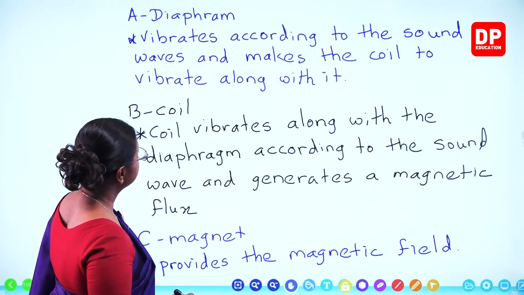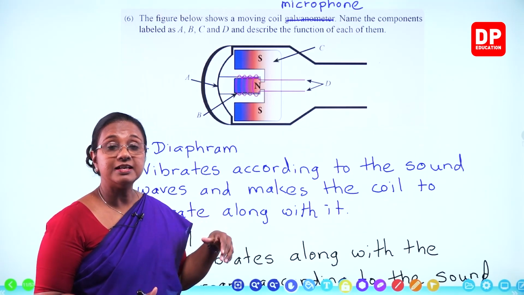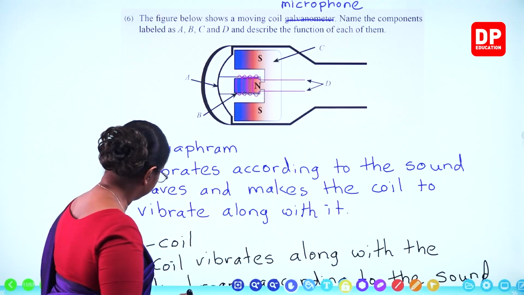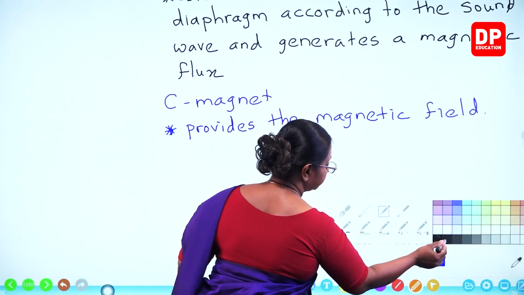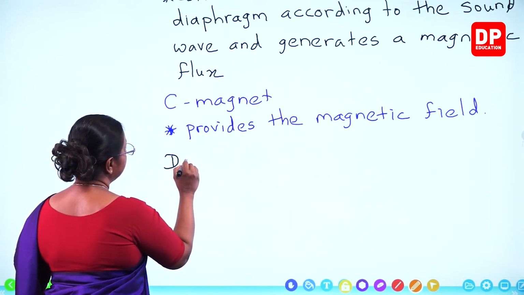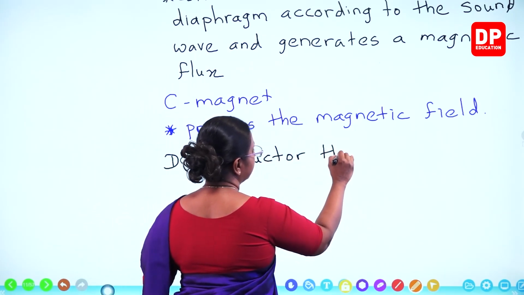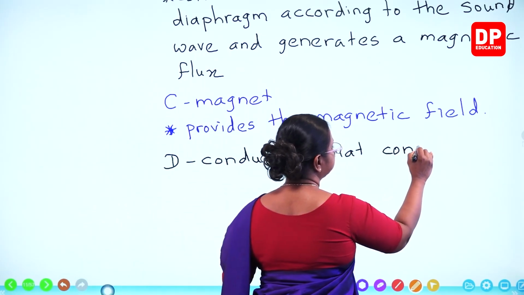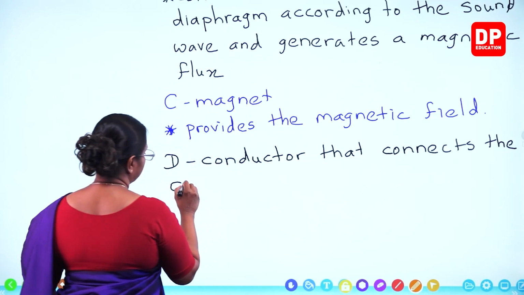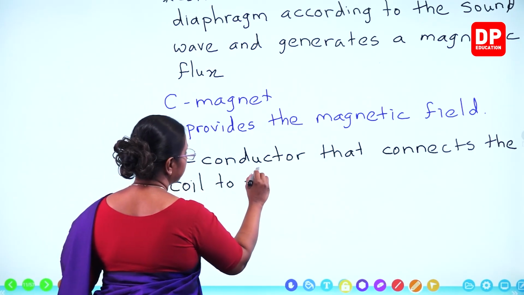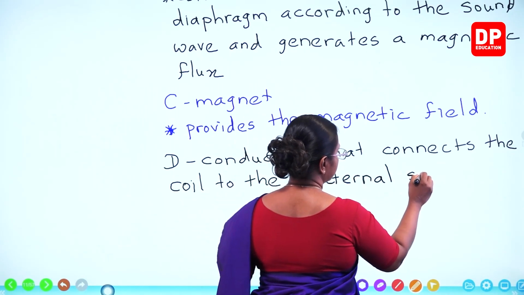And then you can see the last one, D, that is the conductor that carries the alternating current output. So there, D is the conductor that connects the coil to the external source.